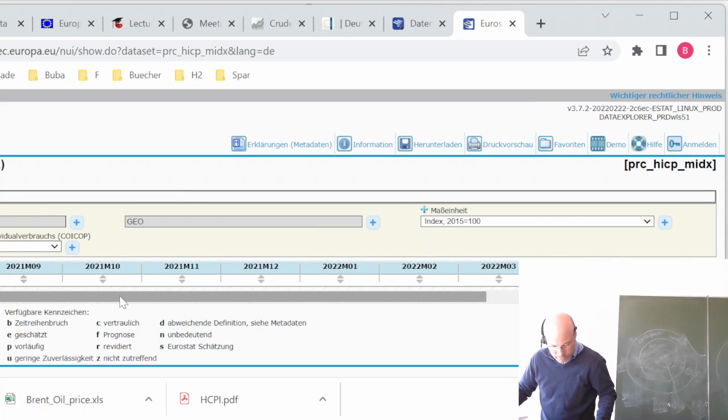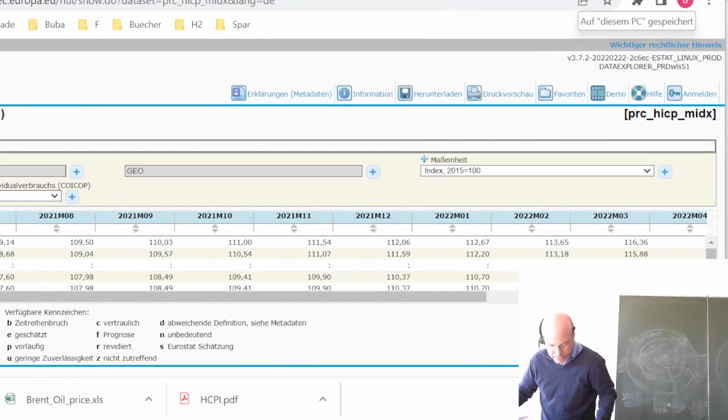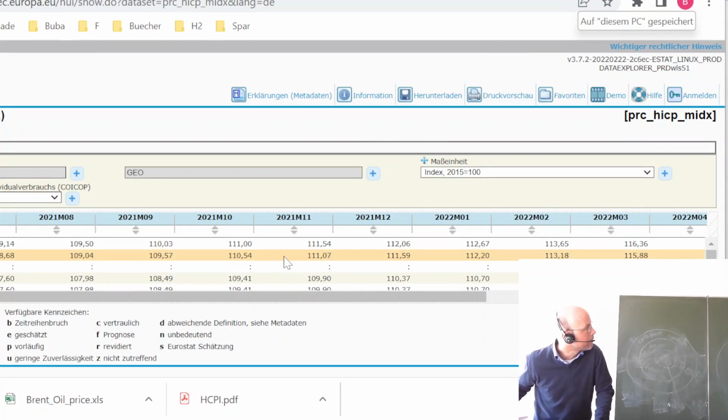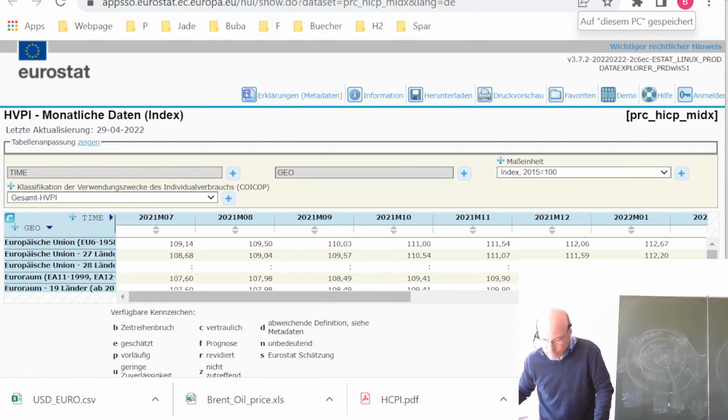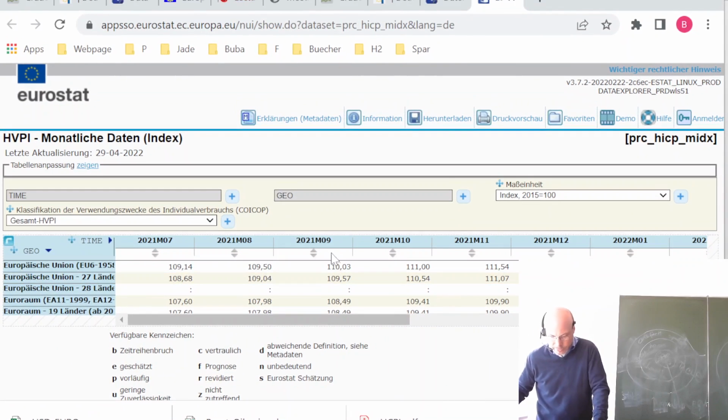Total. Why don't we see anything here? Is it too small? Oh, here we are. You see this almost. Then go in here. So this is your data.